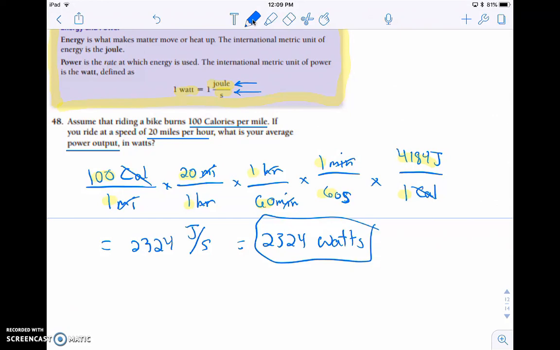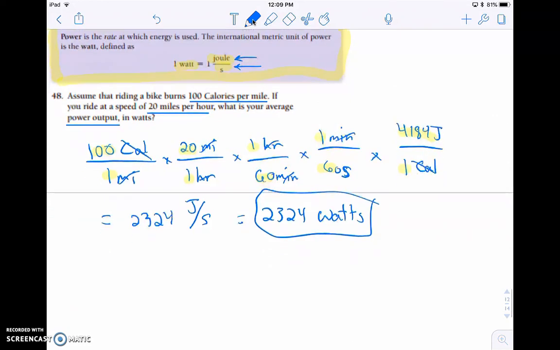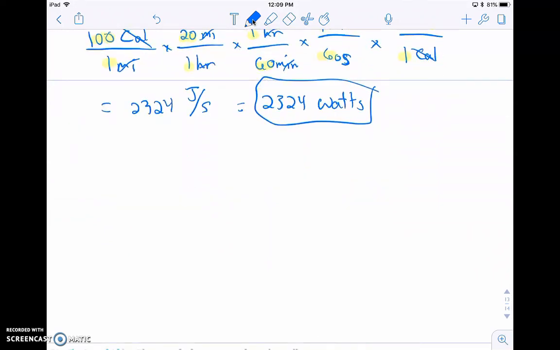Now, one other thing about power and energy that I want to say is when we're dealing with our power bills, you'll often see what is called a kilowatt-hour.